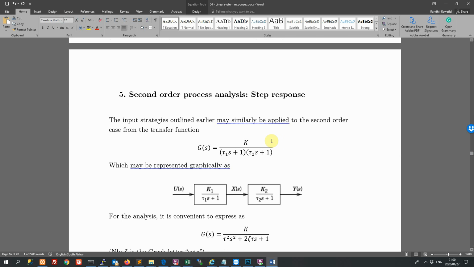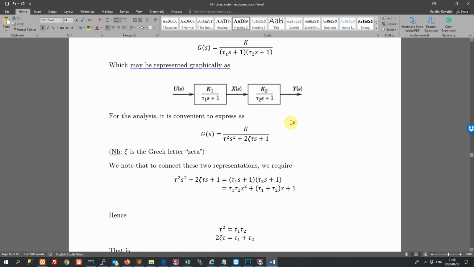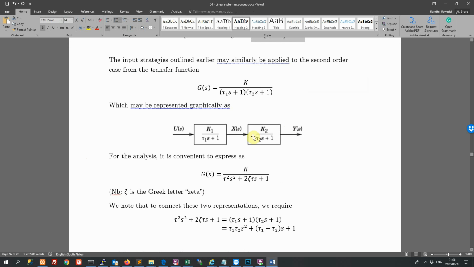Now let's look at what happens as we try different inputs to our second order process. So once more, we've got our second order process, and now we want to apply a step response. The first thing we'll do before we actually apply that is to just multiply out this denominator.